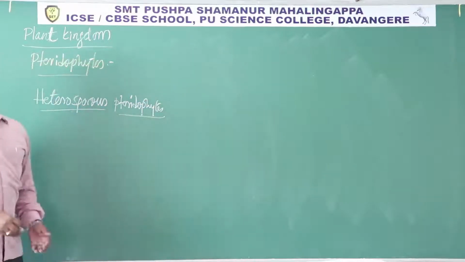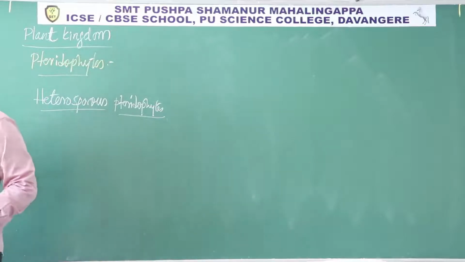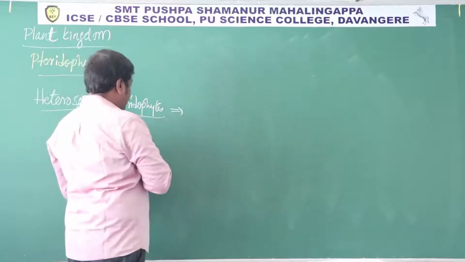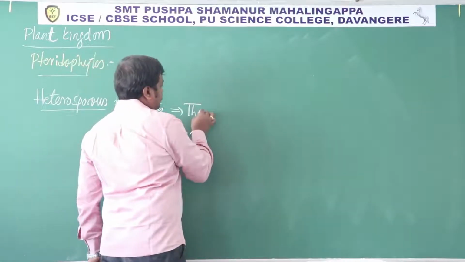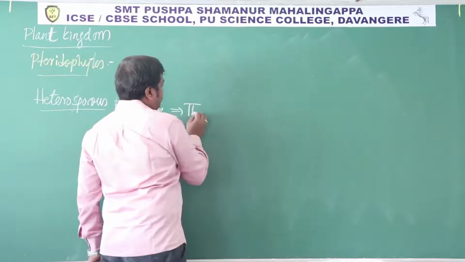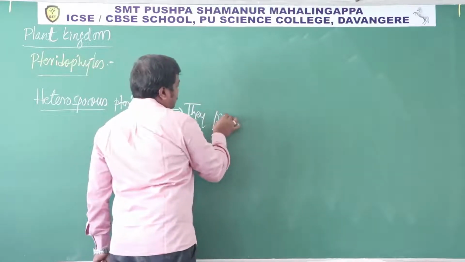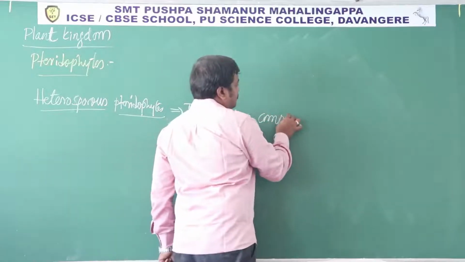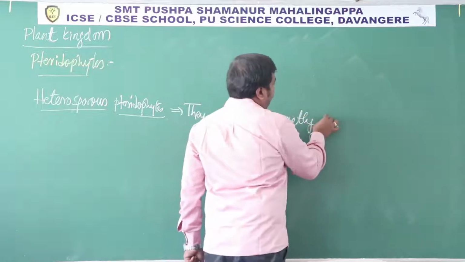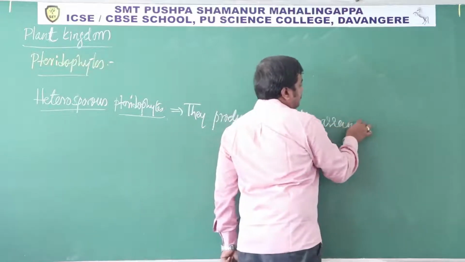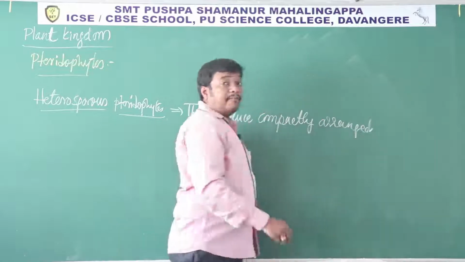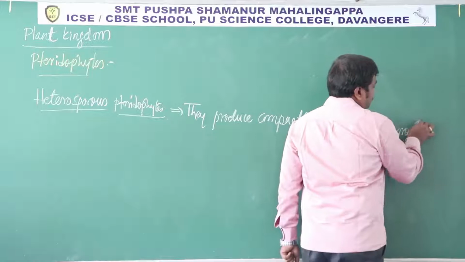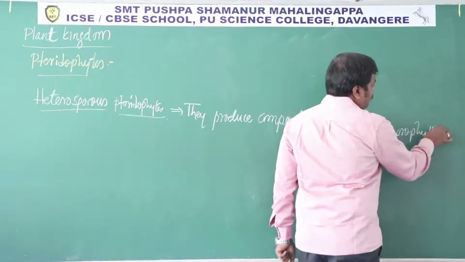In heterosporous pteridophytes, they produce compactly arranged sporophylls.